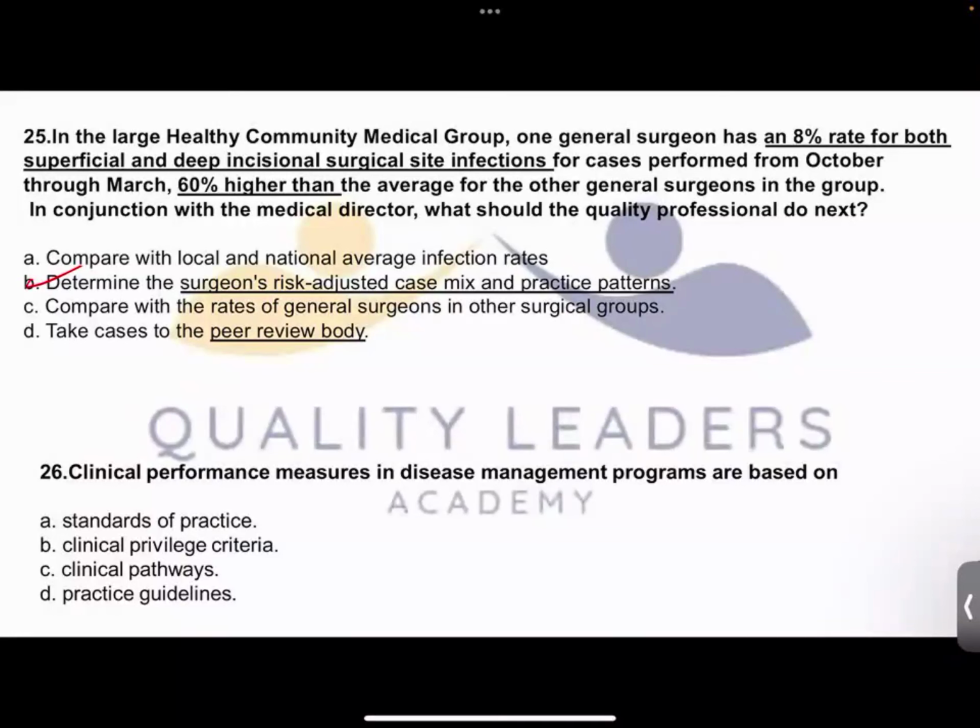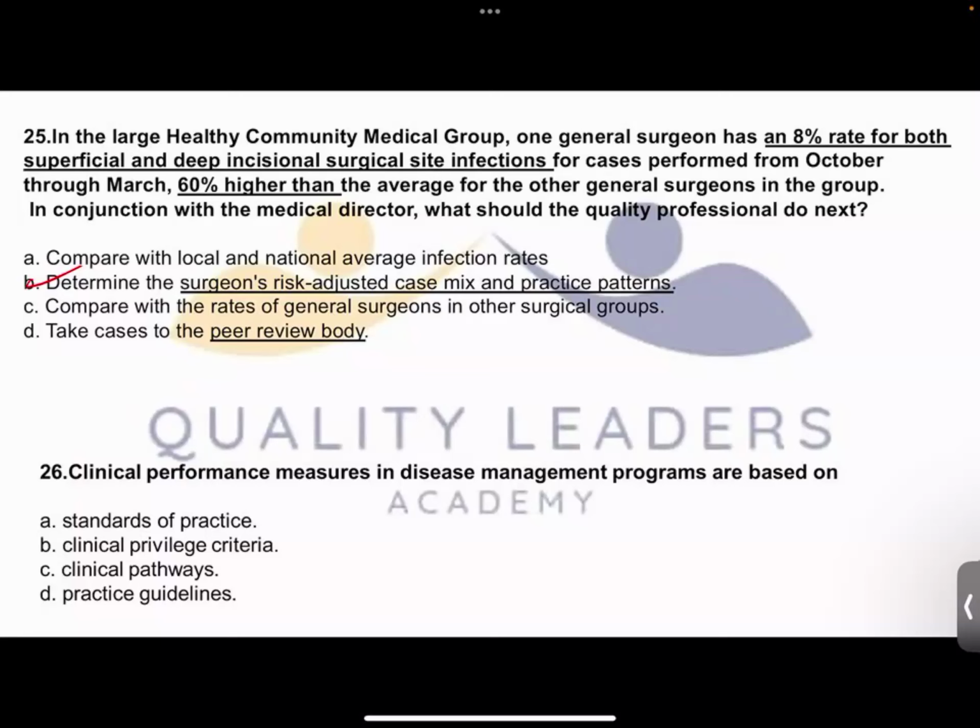Letter A is also useful, but this step does not account for patient-specific or case-specific factors. Letter C may provide additional context but does not focus on the surgeon's individual case mix practices. And letter D, peer review may be appropriate, but it's later. Analyzing the data first ensures an informed discussion.